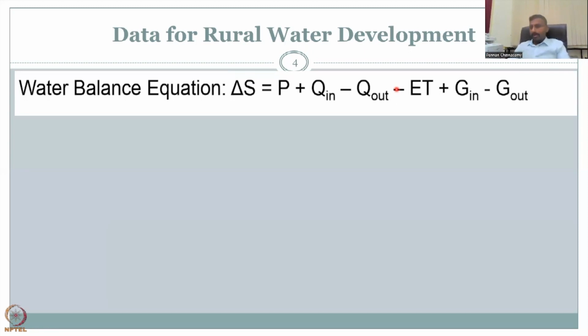So we have the positives and negatives. Now already you would have known that, oh wow, we need to know the rainfall, the river discharge coming in, the evaporation, the transpiration, the groundwater in, groundwater out. Those are all data points that you need.